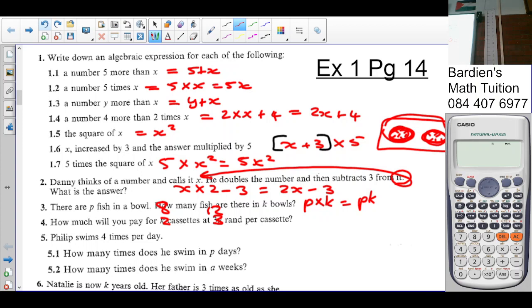Not so? Because it's 8 times 12. So if you have now K cassettes at 3A rands per cassette, then it's going to be K times 3A, which is 3AK, or 3KA. You all agree with that? Alright?